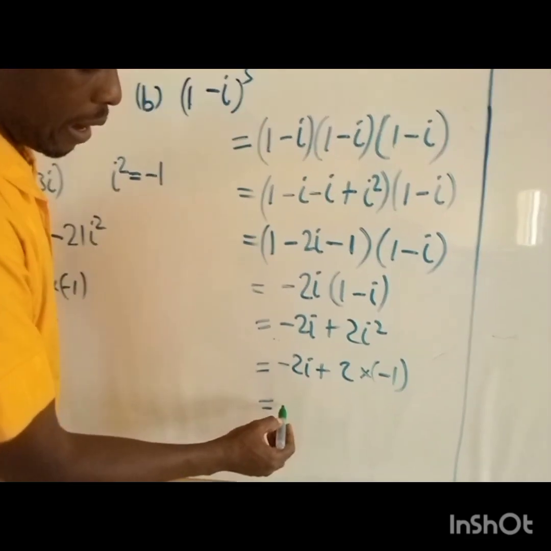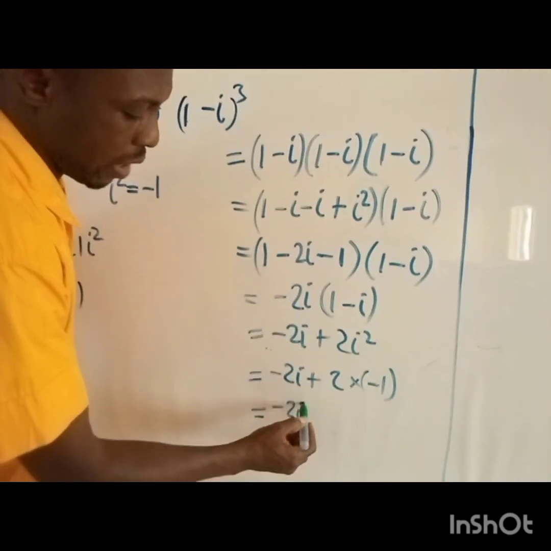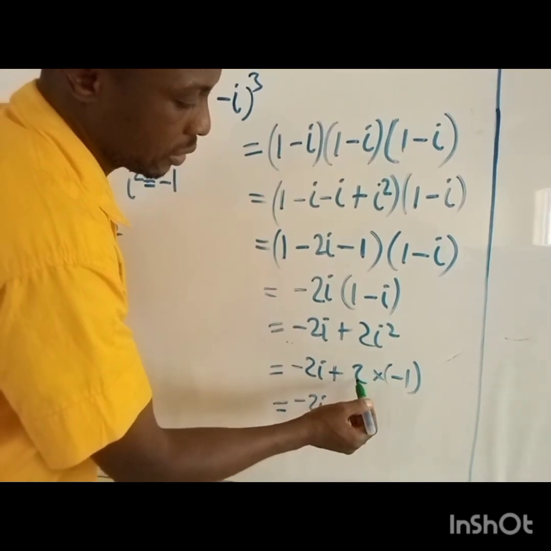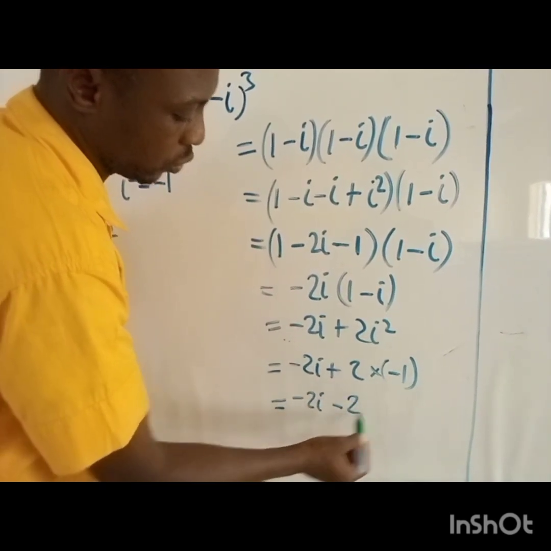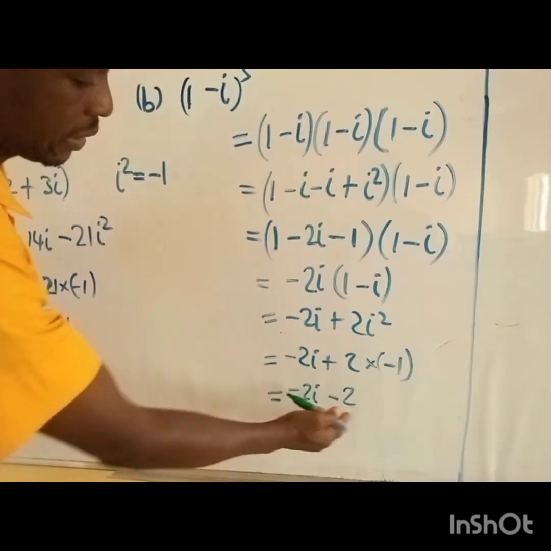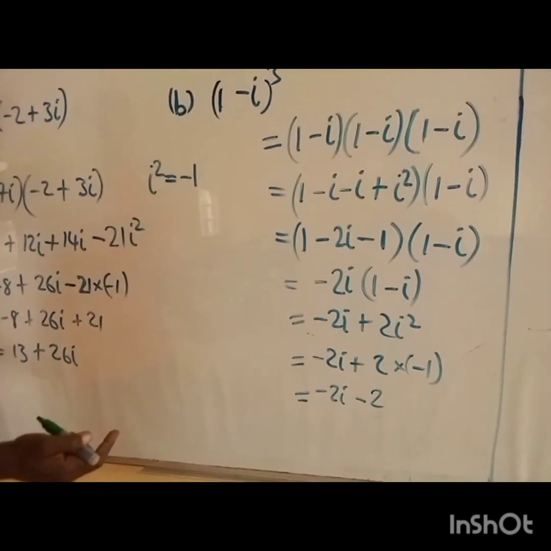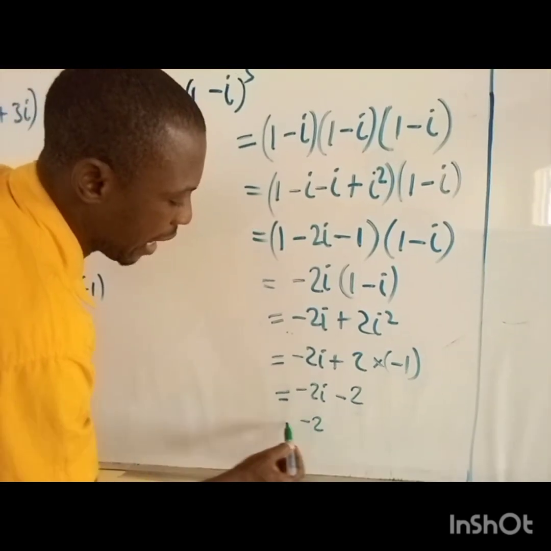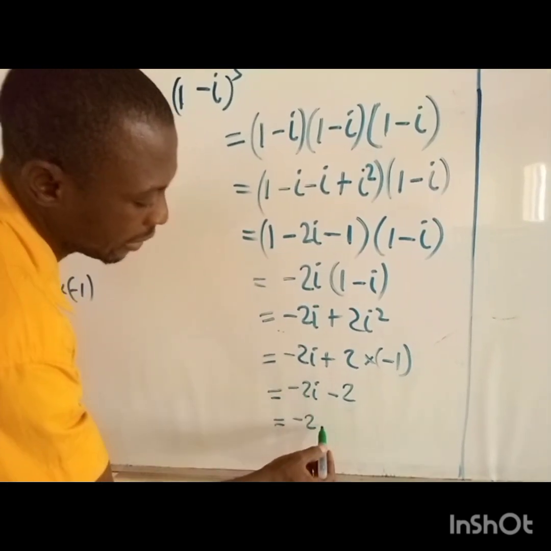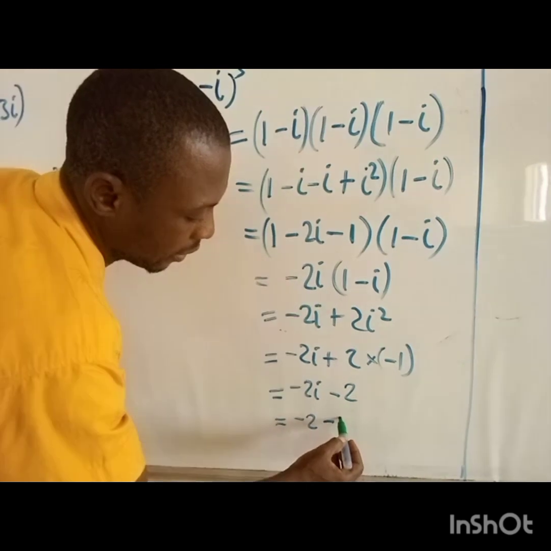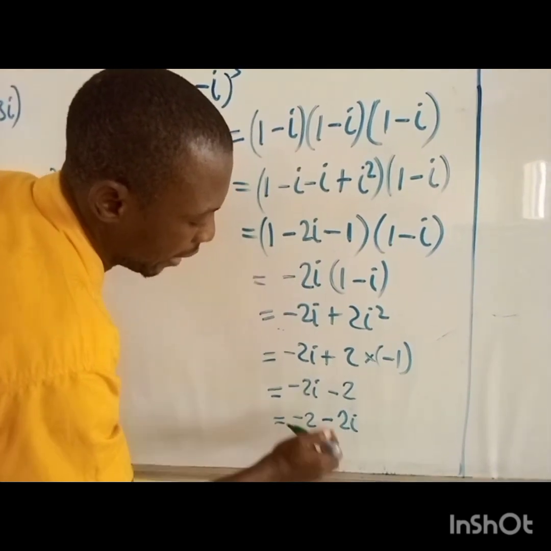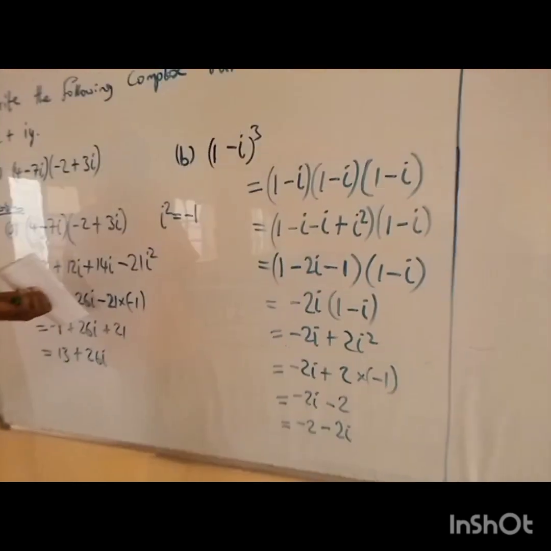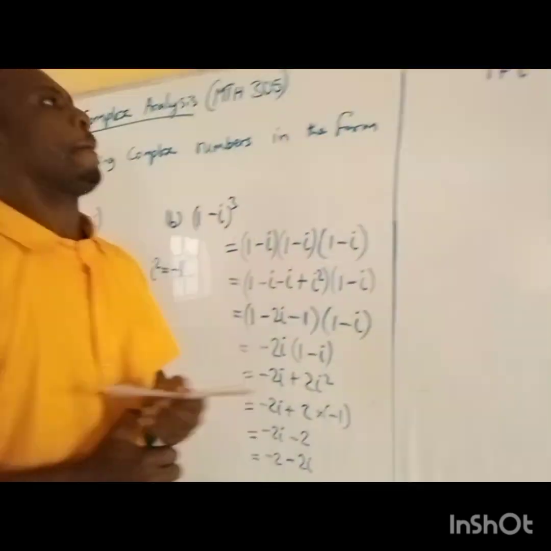So our minus 2i here is minus 2i, and then this becomes minus 2 times 1 is 2. So to place this result in the form of x and y, we'll bring these 2 behind to the front and then take this behind. So we'll have 2i. So our result is minus 2 minus 2i.